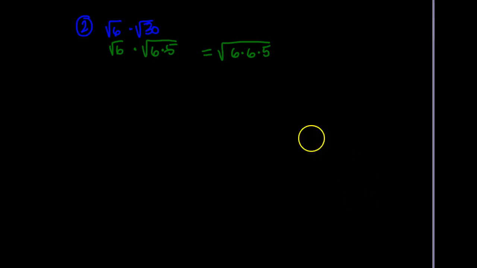So when I do that, I see that there are 2 6s, which means I can take a 6 out, and the 5 has to stay in because it's a single. If they're in pairs, you can take it out because 6 times 6 is 36, and 36 is a perfect square, obviously, because it's 6 times 6. So it can come out. 5 has to stay in.